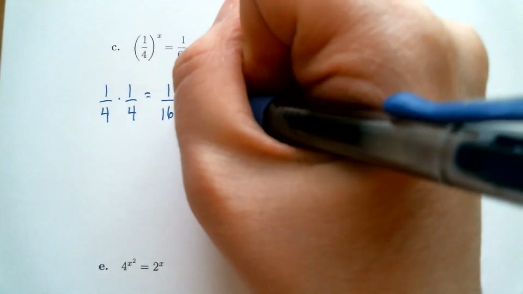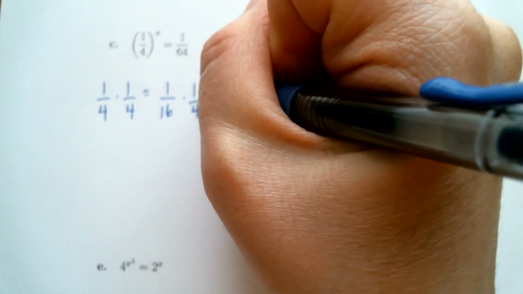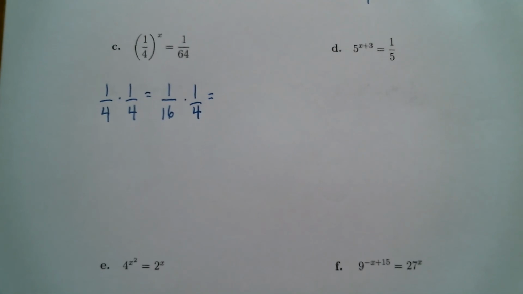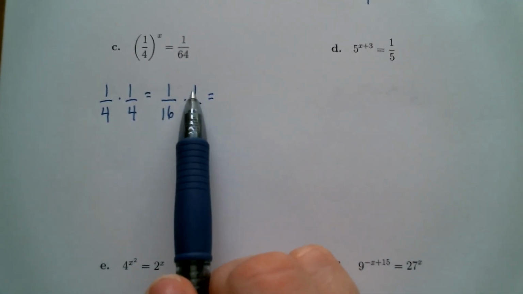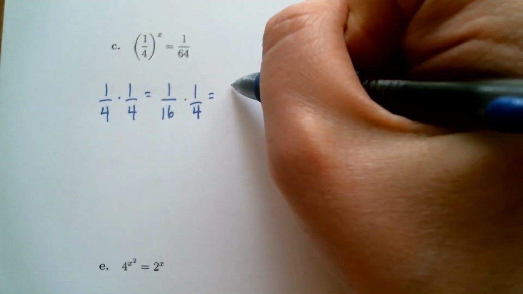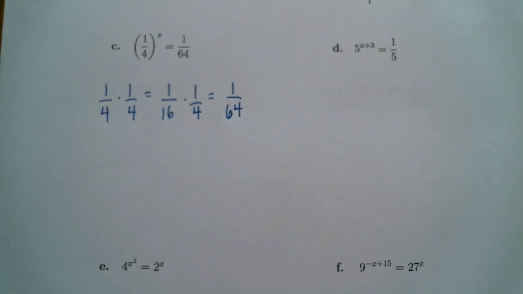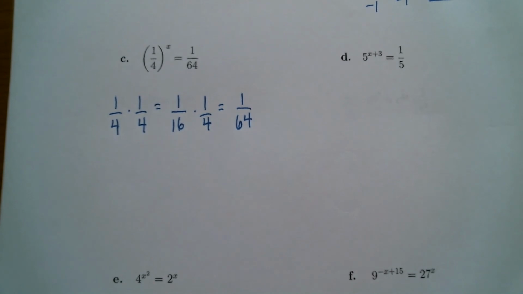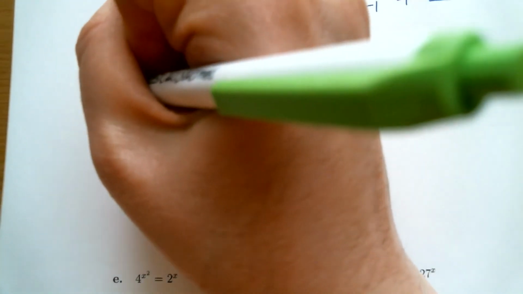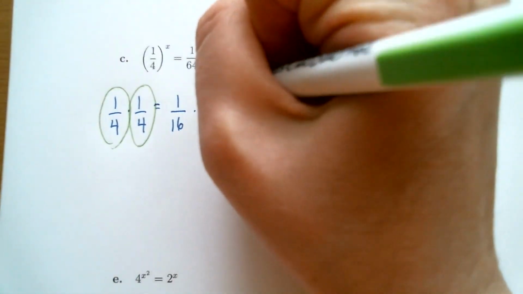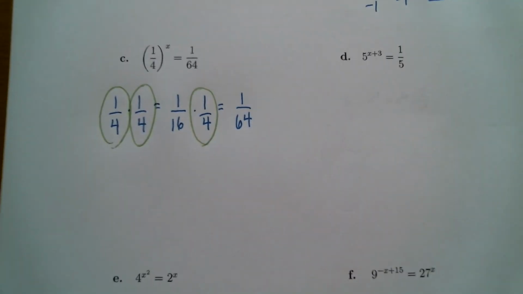Multiply that result by another 1/4. Okay, so go ahead and multiply across the top here and across the bottom. 1 times 1 is 1. 16 times 4 is 64. And so that gives us the right side of the equation. So we had to multiply 1/4 by itself once, twice, 3 times to get 1 over 64.